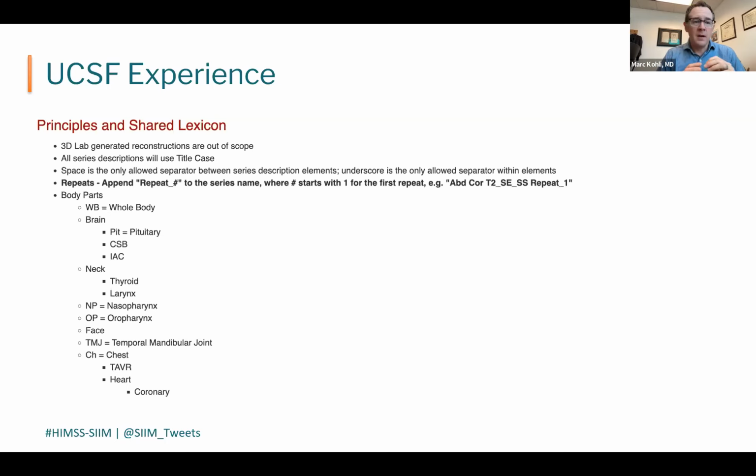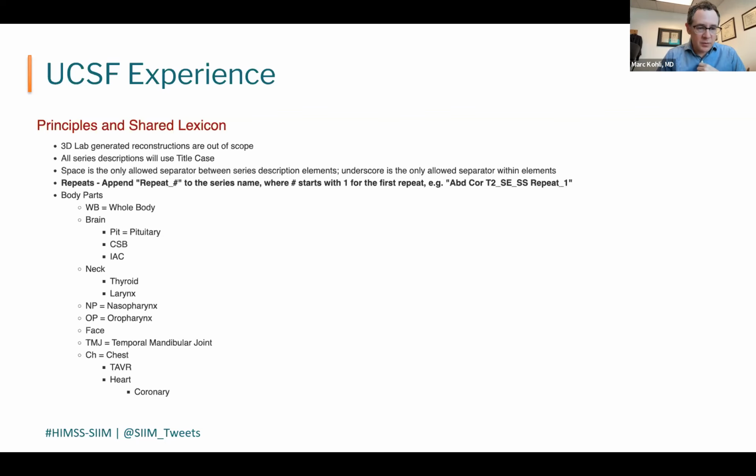We decided that we were primarily focusing on CT and MRI at first. For ultrasound, we identified that the majority of the way that people read that is based on the order that images were acquired, and the study descriptions aren't as important for that. So we did not tackle ultrasound initially. You can see just a short example here of a bit of our lexicon for body parts.